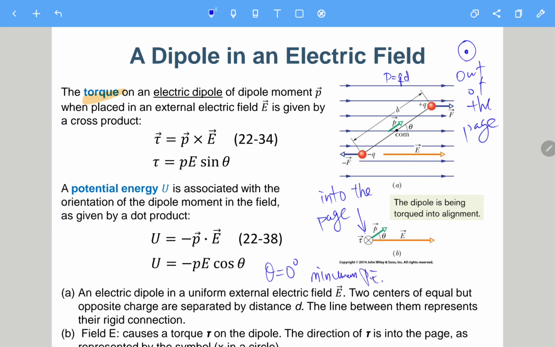If theta is 180 degrees, then it will be the maximum potential energy, positive PE, because these are constant and cosine of theta should be between -1 and +1.